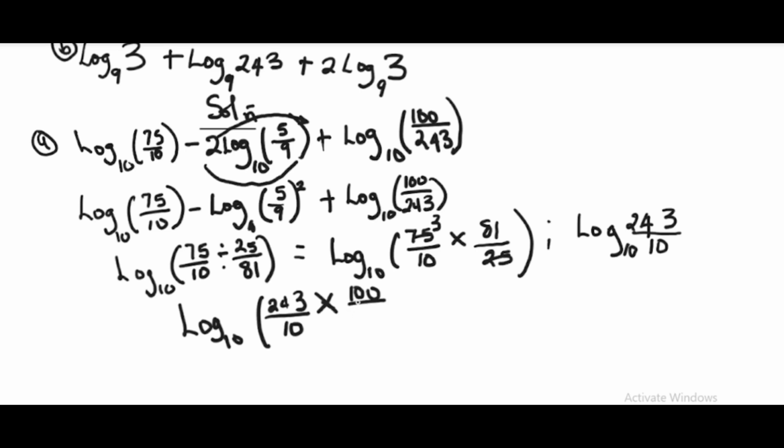It mustn't be a question in multiplication for you to add. So this is over 243. We have the same number here and here, so they will cancel out, and 10 will divide 100. So we will have log 10 in base 10.